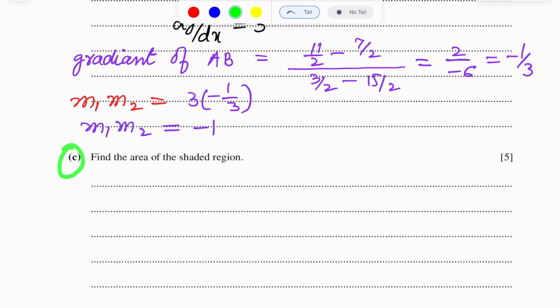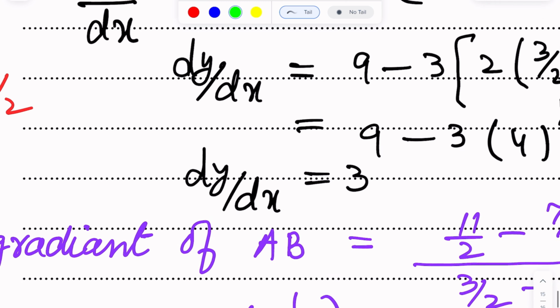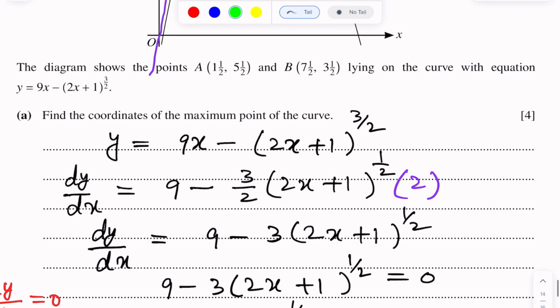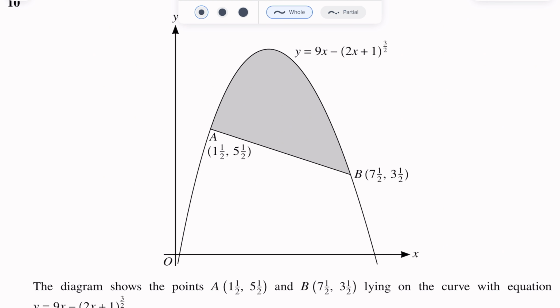Now part C of this question, find the area of the shaded region. Look at the diagram. This is a shaded region, and clearly this shaded region is bounded by this line AB and this part of the curve.